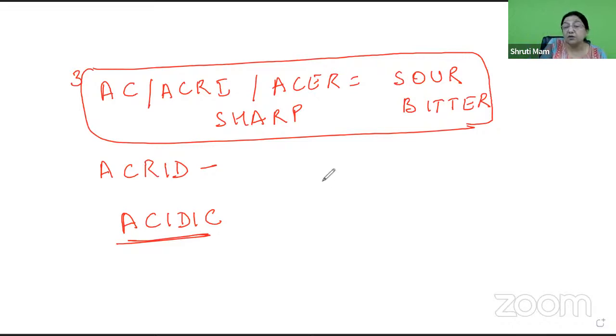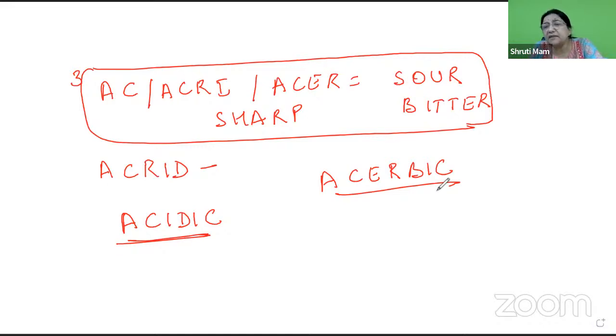For sharp, we can also take the word acerbic. Acerbic is the tone of a paragraph where he says a lot of sharp comments, where he tries belittling somebody with very bitter remarks. So that's acerbic. Acidic is the tone.